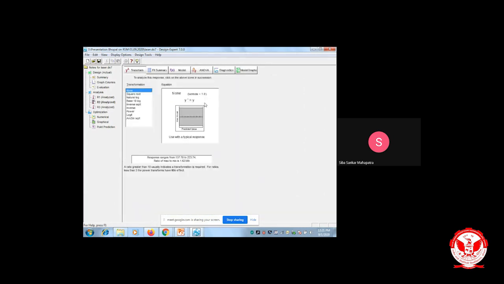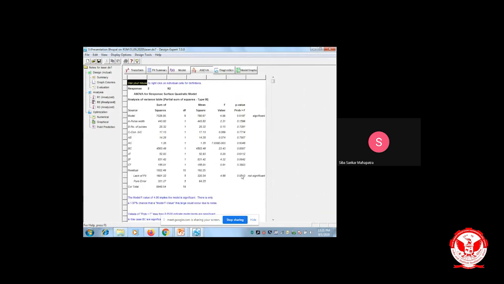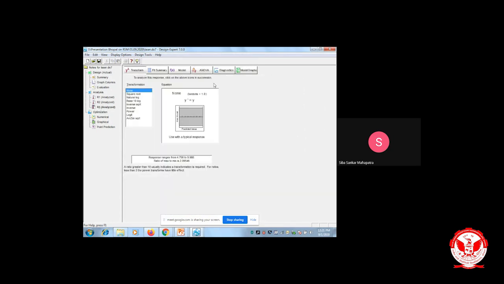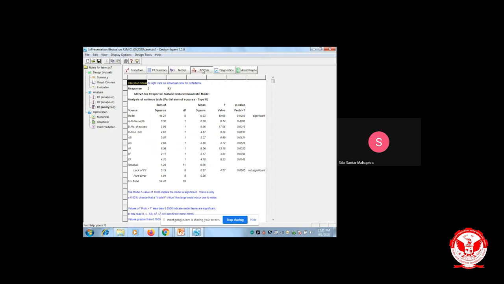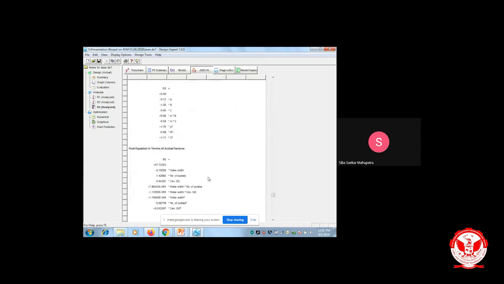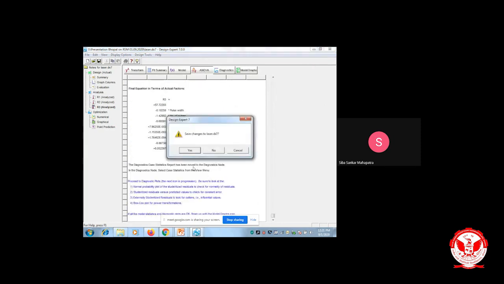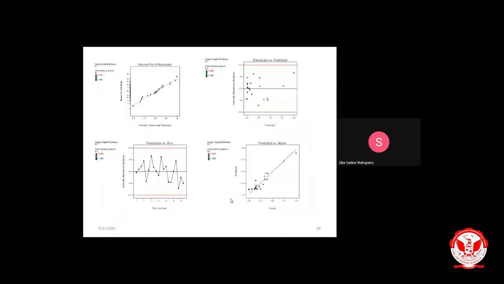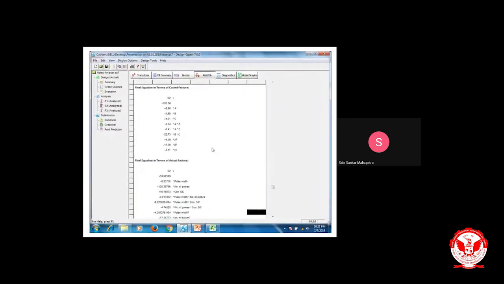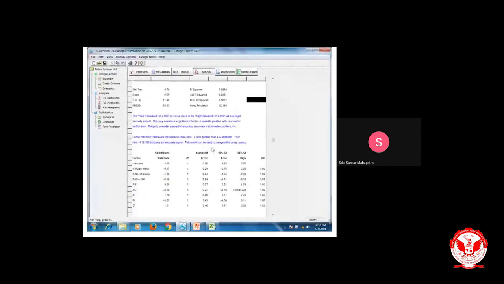This is another table for the heat affected zone, and we also got the equation for all of these. Then we conducted the residual analysis, and we found that residuals are normally distributed. Then R square value and all these are found out. Then we say the model is correct.